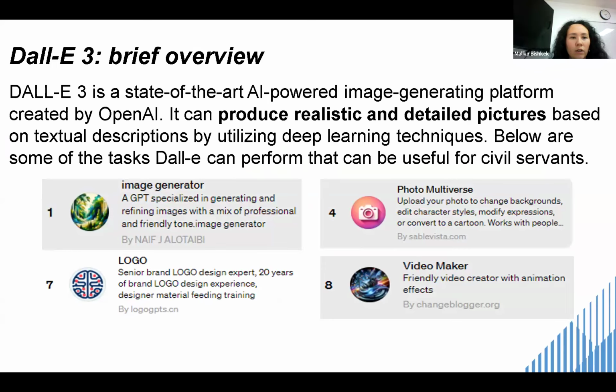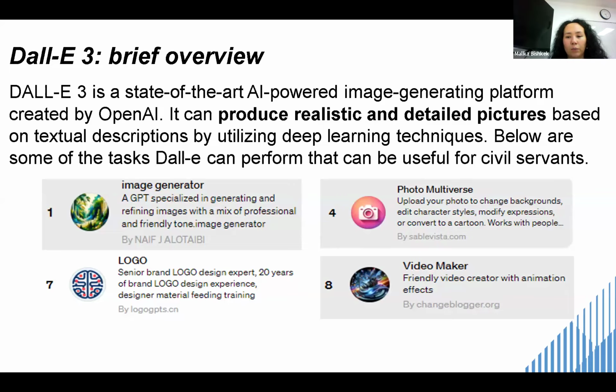And here is DALL-E. It's a state-of-the-art image generating platform. It can produce realistic and detailed pictures based on textual descriptions by utilizing deep learning techniques. For example, you can make a logo or generate some images.